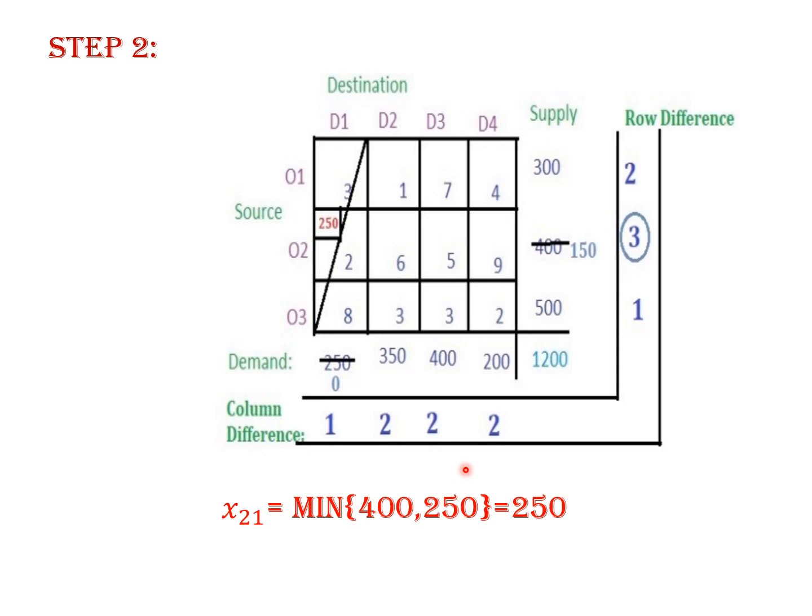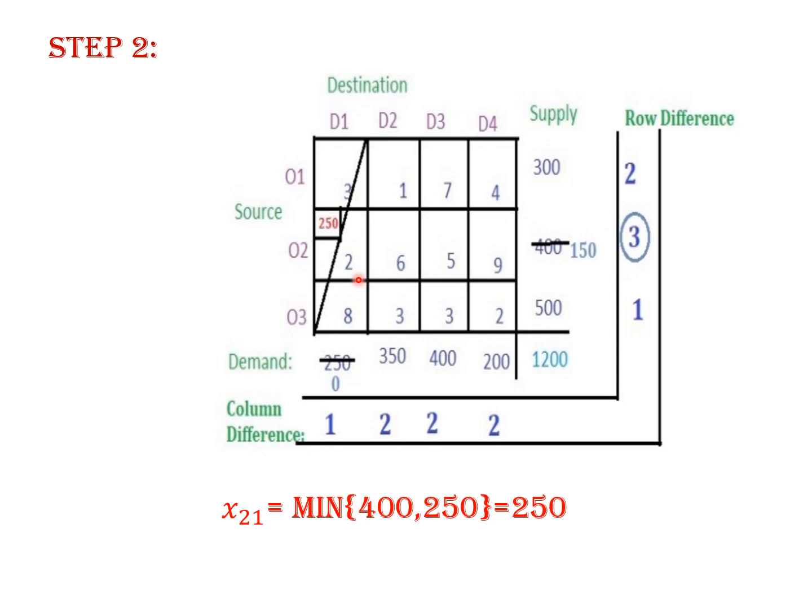Next, we have to find the largest difference. The largest difference is 3, which corresponds to the second row. The minimum cost in the second row is 2. It is in the first column.